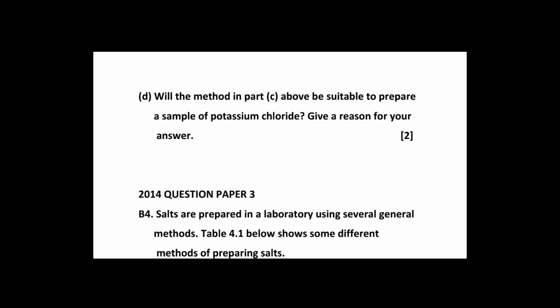Therefore, we cannot use it, so we are going to say, the first mark will come from your response where you are going to say no. The reason is that potassium is very reactive.